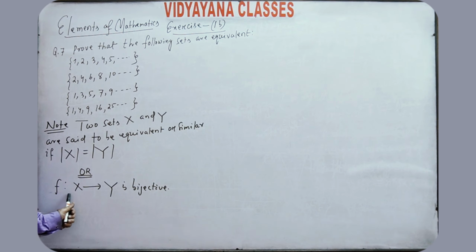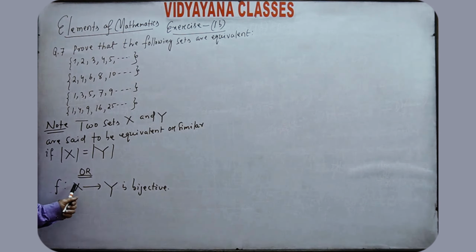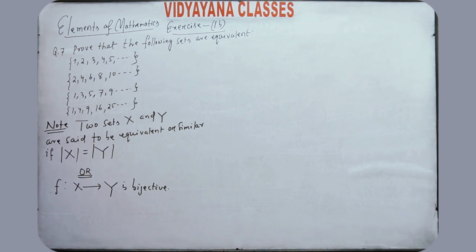Bijective means 1-1 and onto. If f is bijective, the number of elements in X is the same as the number of elements in Y.